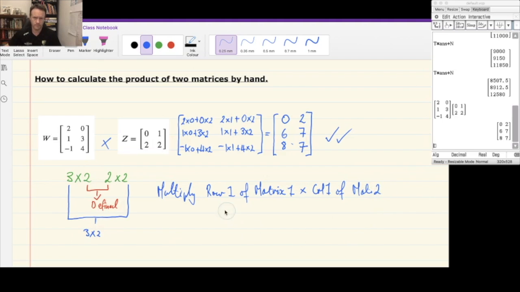Okay, once you've done that, repeat that and multiply it by column 2 of matrix 2, and so on. Then once you've used up all your columns, move on to row 2.